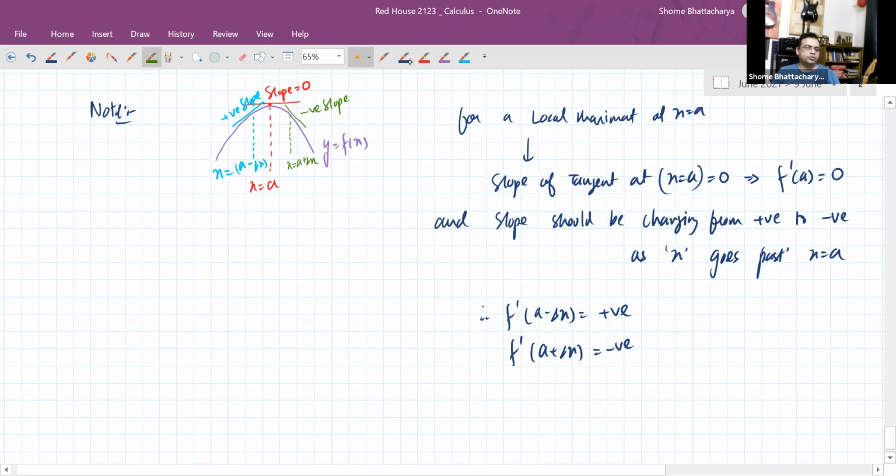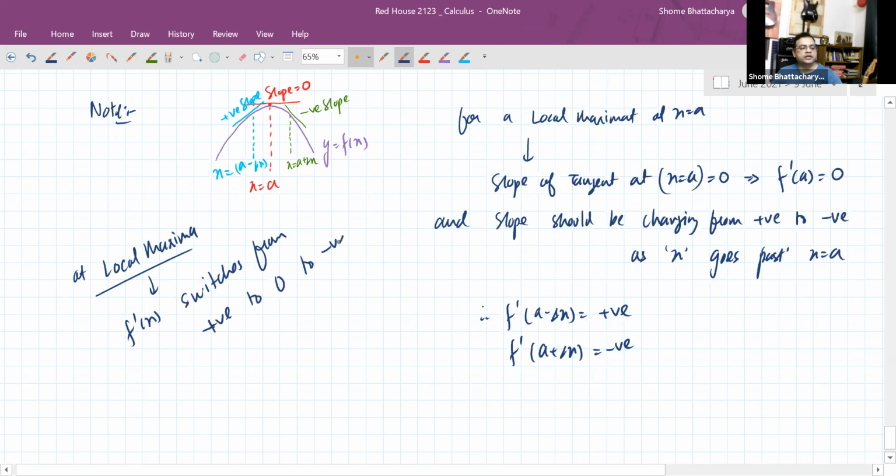So you can see the behavior of the slope. At a local maxima, f prime x switches from positive to 0 to negative, and the point where it becomes 0 is the peak point.